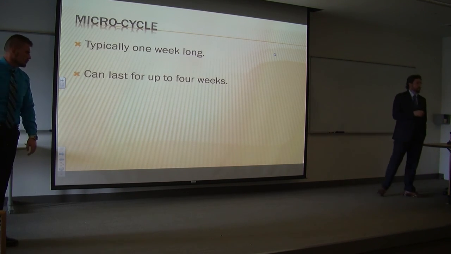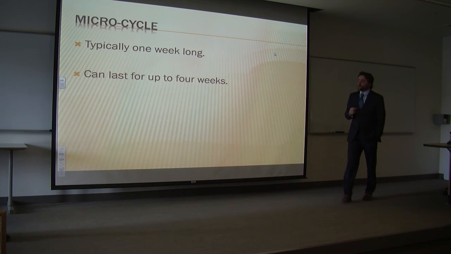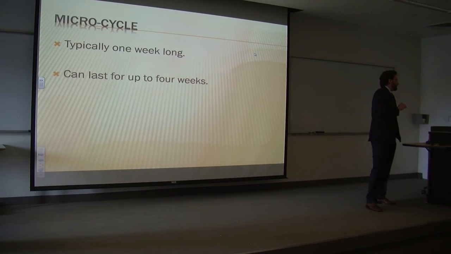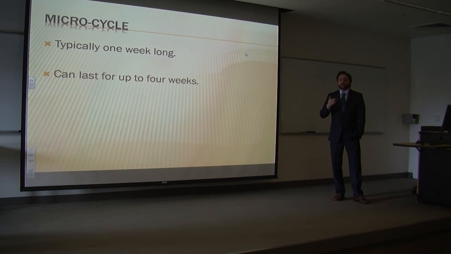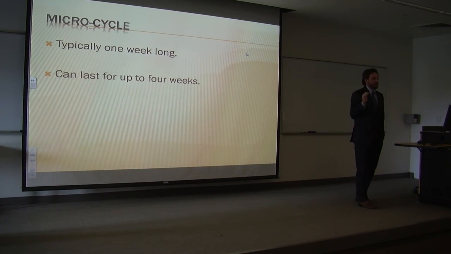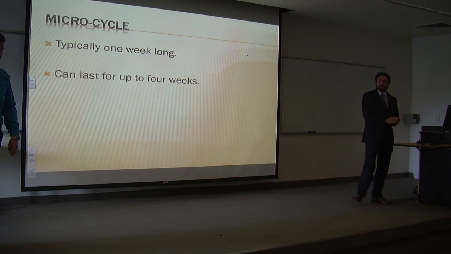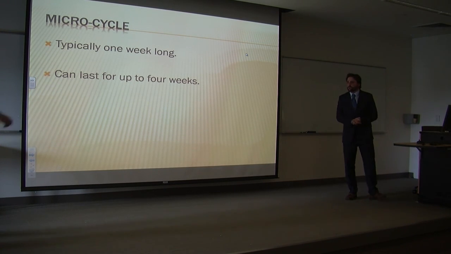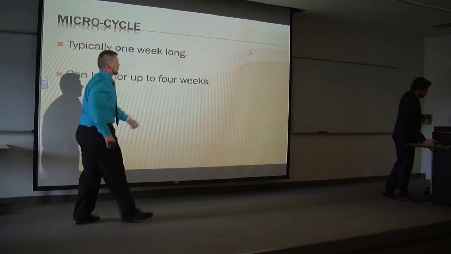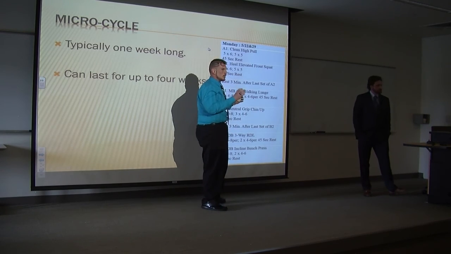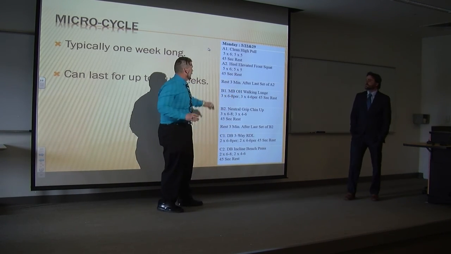So a microcycle is typically 1 week long, but can last up to 4 weeks. A microcycle is a building block into a mesocycle, and then a mesocycle is a building block into a macrocycle. So everything fits together. If you want to think about a small block of a microcycle, then this is what you've got.